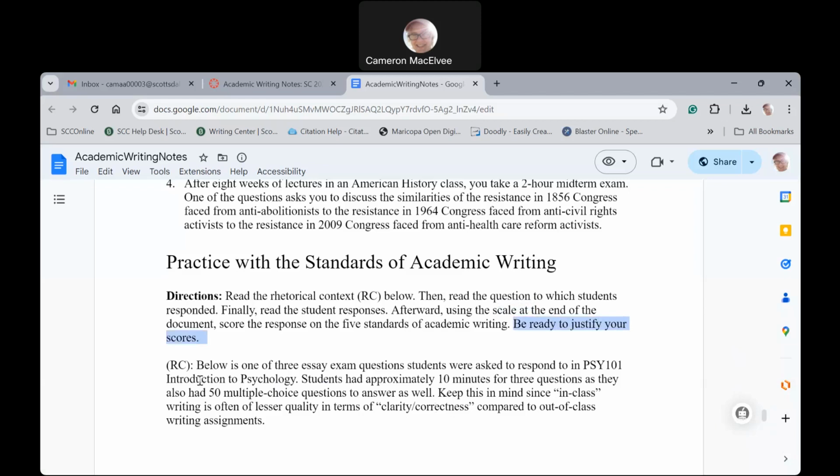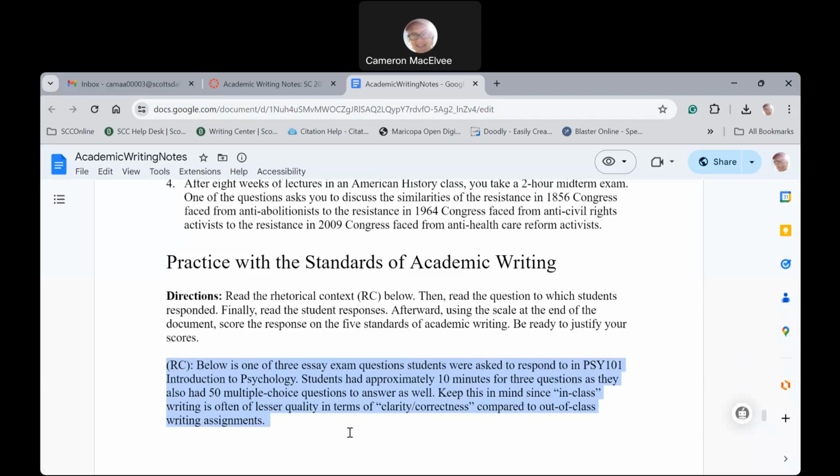So let's look at the scenario. On the test that they were given, it was multiple choice, but here's basically the scenario I got from the teacher. Below is one of 3 essay exam questions students were asked to respond to in a Psych 101 class, Introduction to Psychology. Students had approximately 10 minutes for 3 questions, as they also had 50 multiple choice questions to answer.